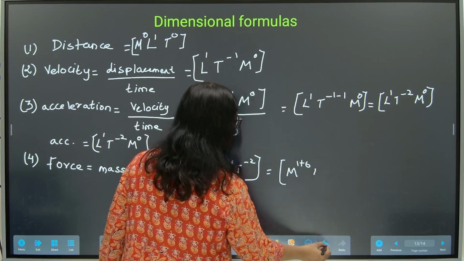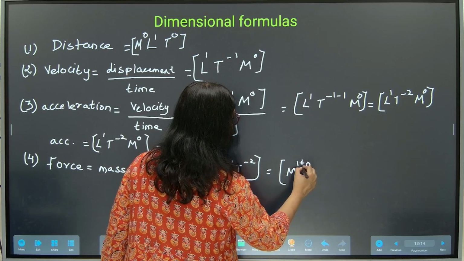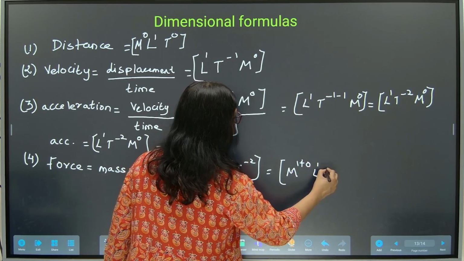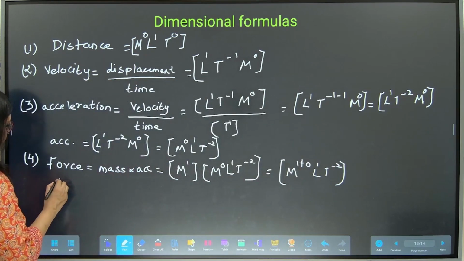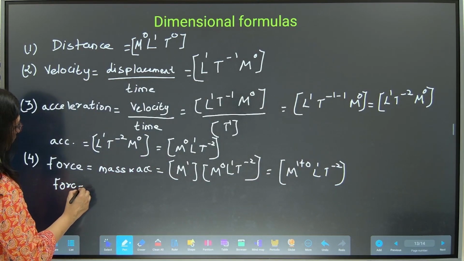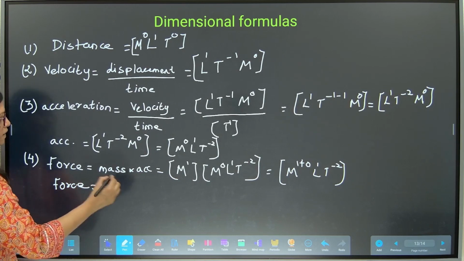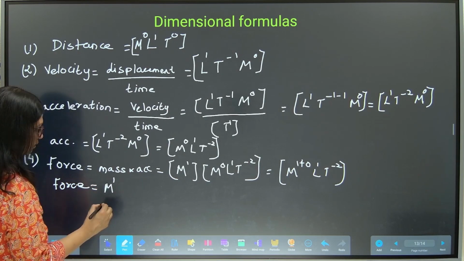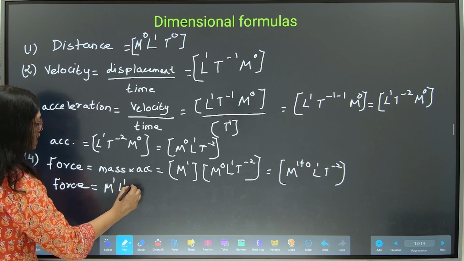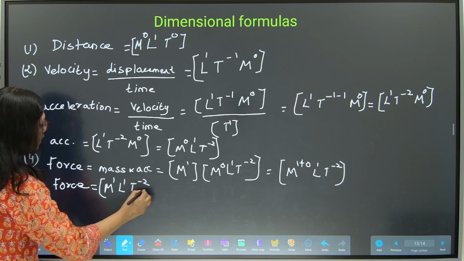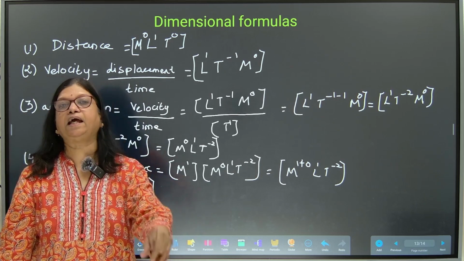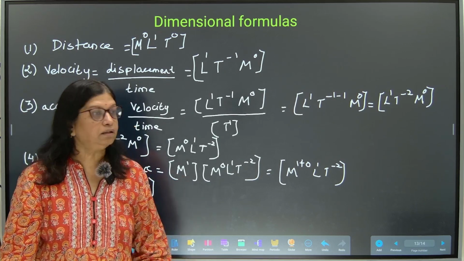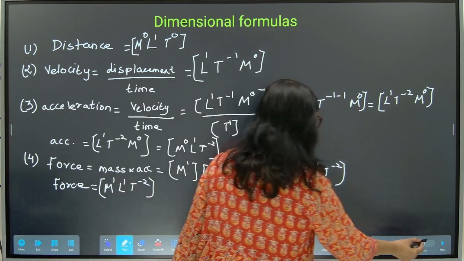L raised to 1. T raised to minus 2. So what is my answer for force? Dimensional formula M raised to 1, L raised to 1, T raised to minus 2. Do not forget to keep the square bracket. Square bracket means you are writing the dimensional formula. Clear?